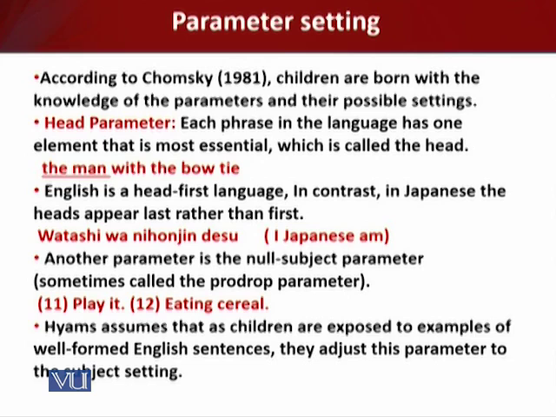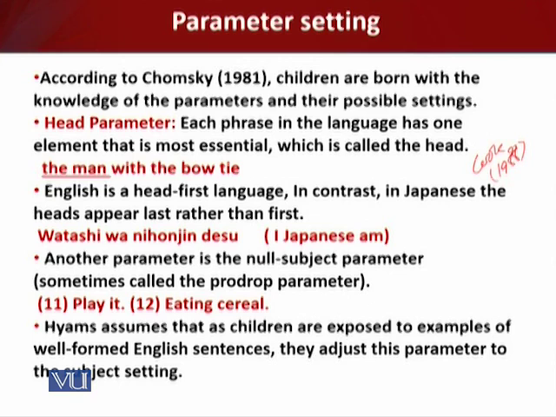One parameter is called the head parameter and has been discussed by Vivian Cook in 1988. Each phrase in the language has one element that is most essential, which is called the head.